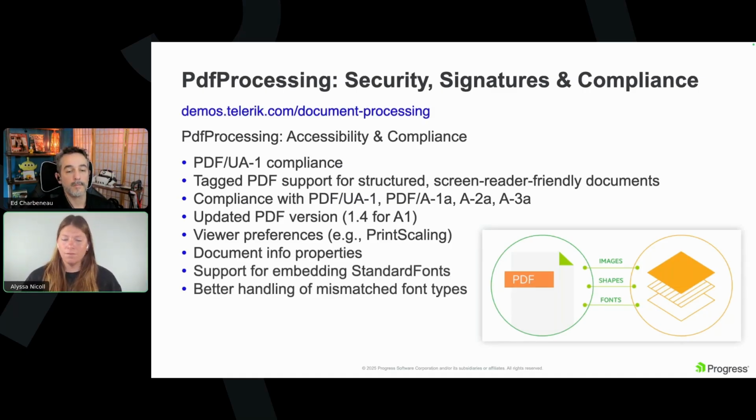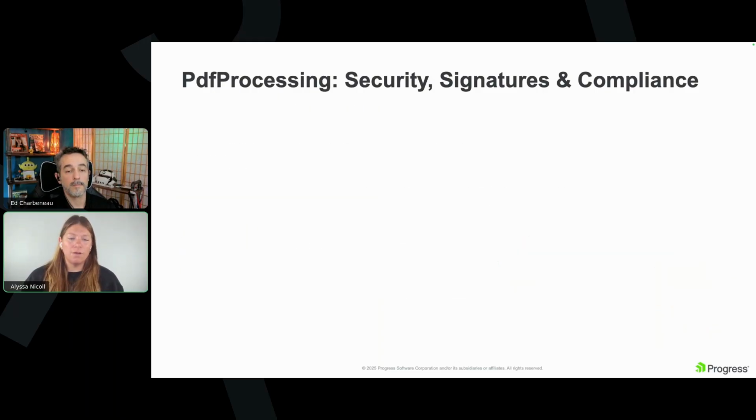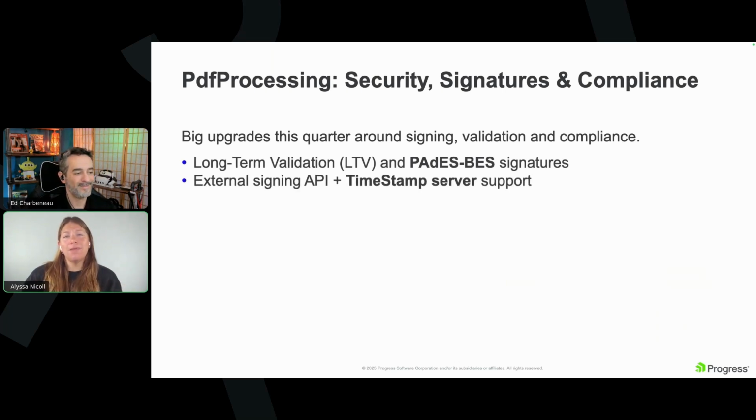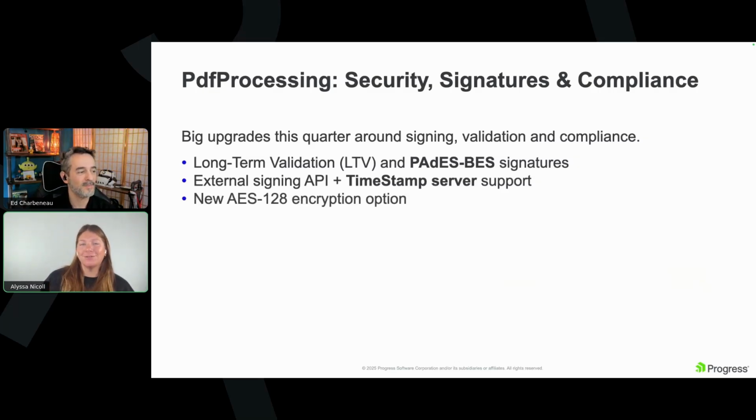There we go. And if we go to this quarter for PDF processing, we've got a big boost around security and compliance. We added LTV and PAdES signatures. I don't know the proper way of saying those signatures.